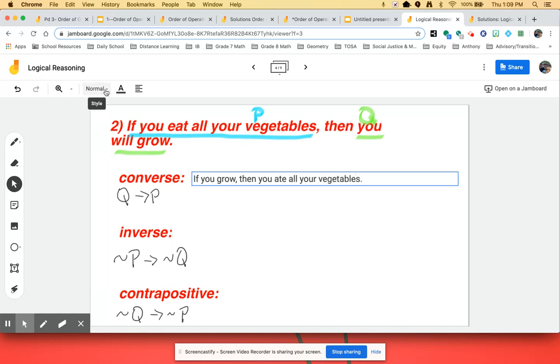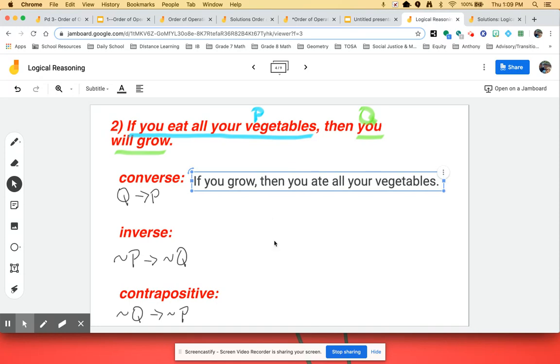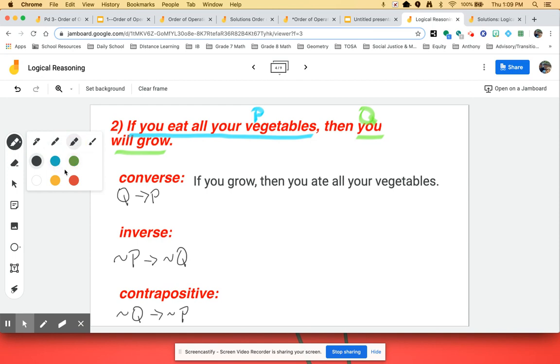And you can change the size of this too, make it a little bit bigger so it's easier to read. So if you grow, then you ate all your vegetables. So once I've done that, I'm going to check. So my green, my Q is if you grow. My P is then you ate all your vegetables.